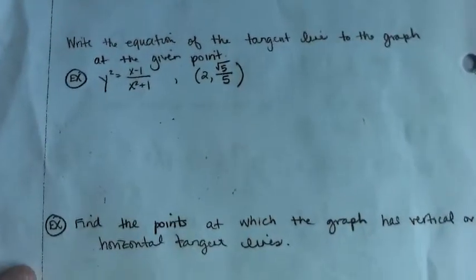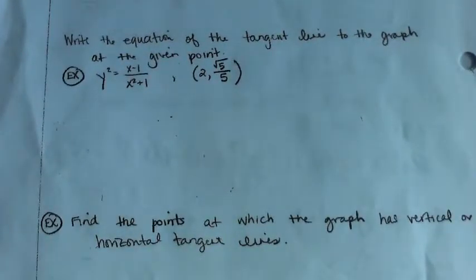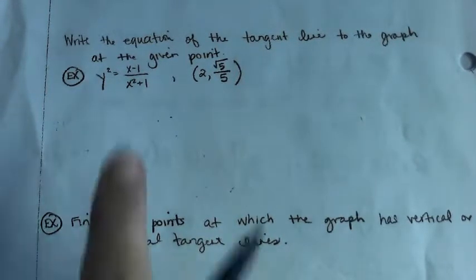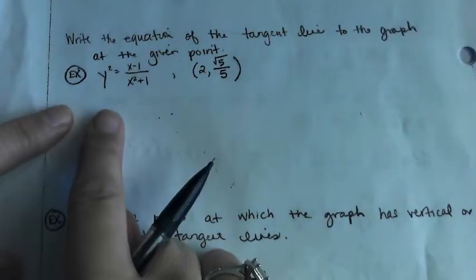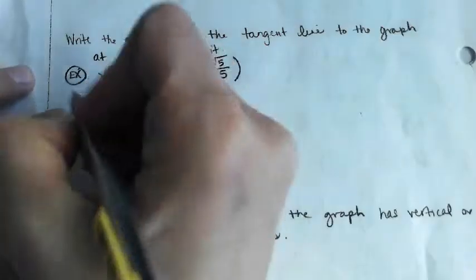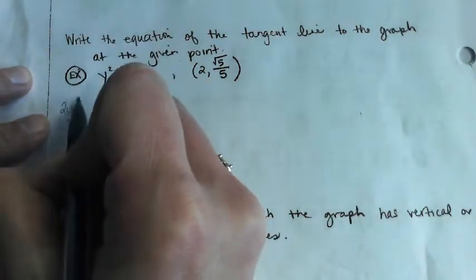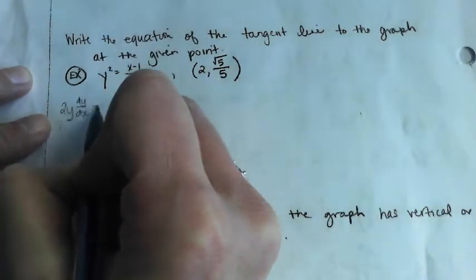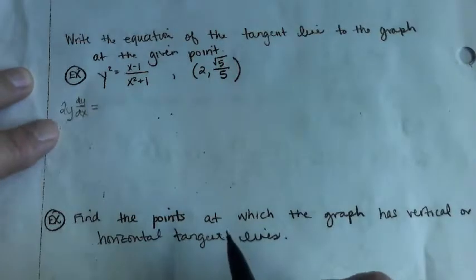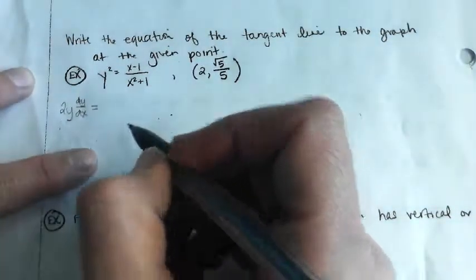All right. Write the equation of the tangent line to the graph at the given point. Okay. Derivative. Help me start this, Haley. Good. Equals. Zach, pick up for me. Yep.